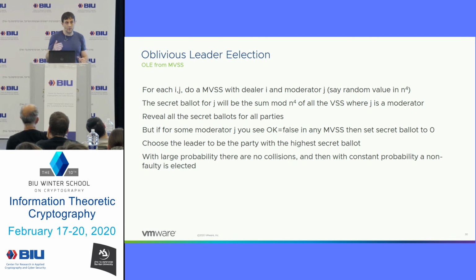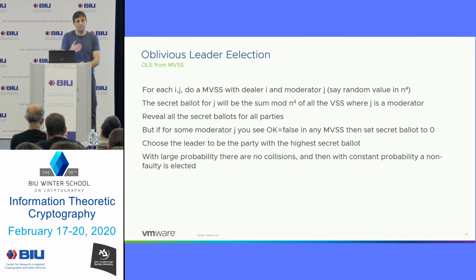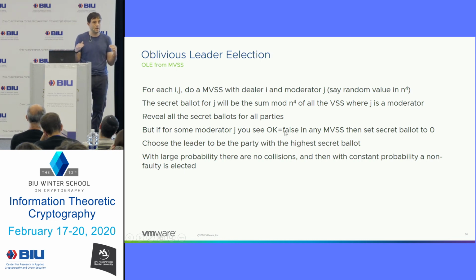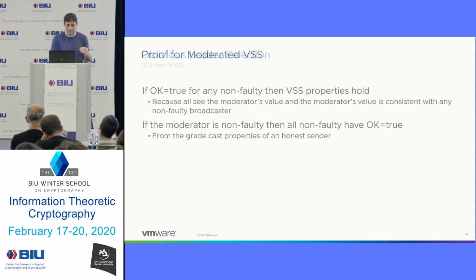Really the only risk here is that maybe this VSS will have failed. So if you have an OK on this party, it means that you do not zero it out. Remember that the previous scheme says that if you have an OK, it means that the VSS properties hold.